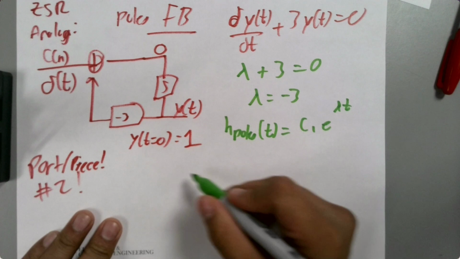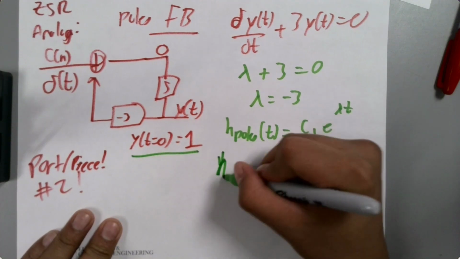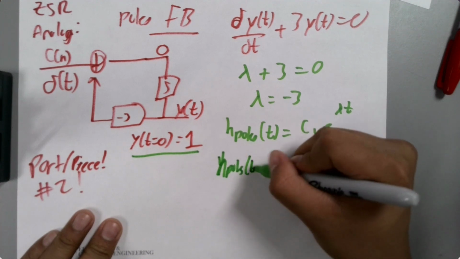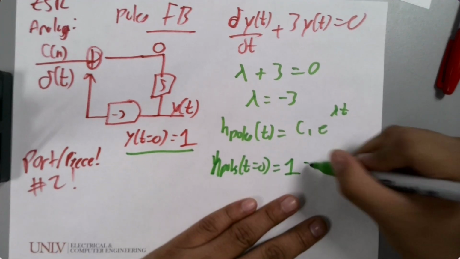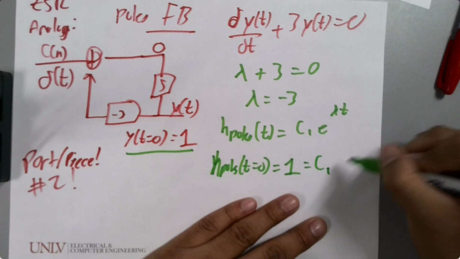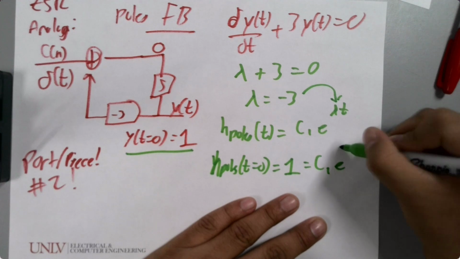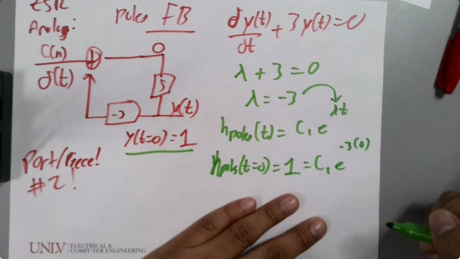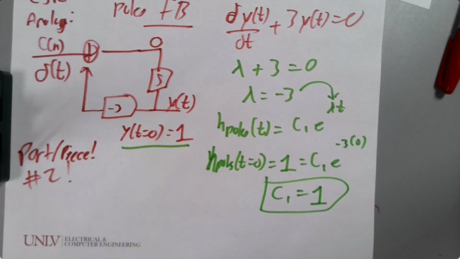What are your conditions? This is your condition. Therefore, h_poles(t = 0) is equal to 1. Just punch that in there: C1 e to the -3 times 0.